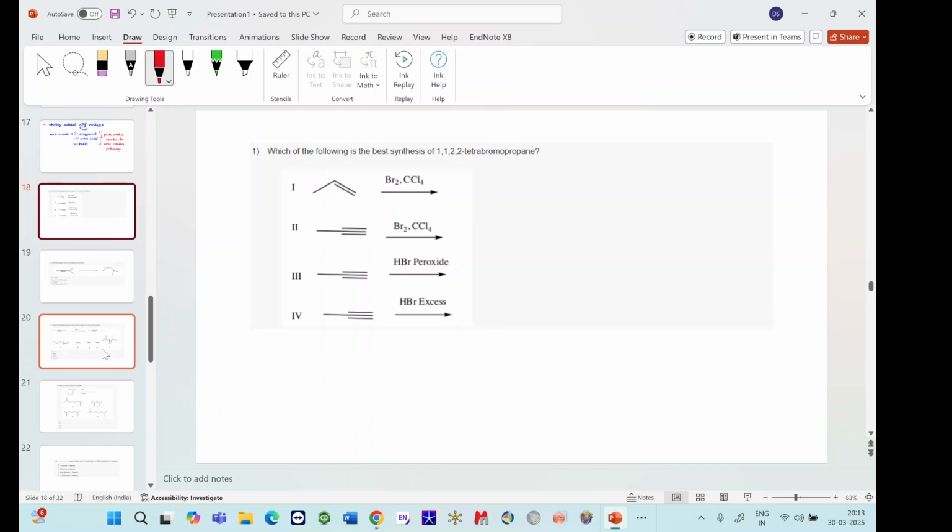Okay, so let us go with some question practice. These were from the free, non-graded assignment part. In the first question, which of the following is the best synthesis of 1,1,2,2-tetrabromopropane? Let me just write it. Propane.